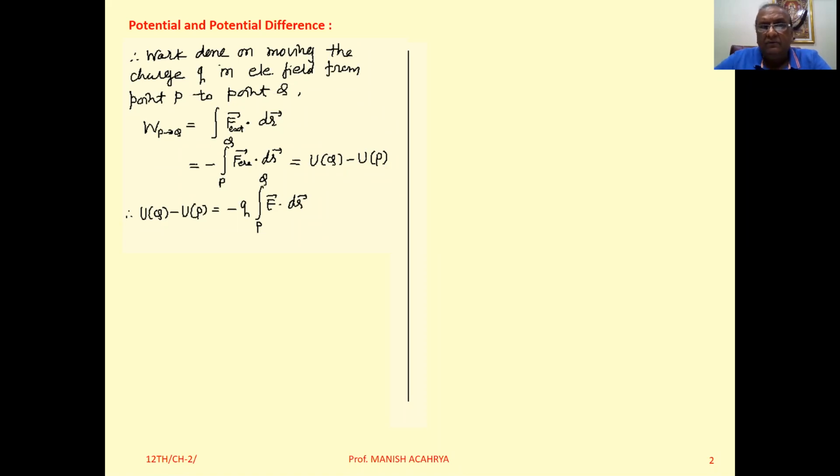Now we can write that it is equal to minus the integration from P to Q of F electric dot dr.